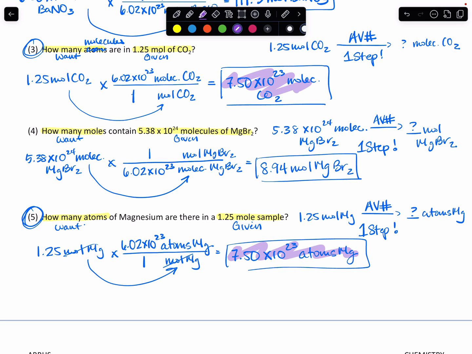For number 5, we were still talking about 1.25 moles, but we were looking at an atom, so it's the same number of atoms of magnesium, 7.50 times 10 to the 23rd. All right, so when it comes to converting between particles and moles, it does not matter what the substance is. There's always 6.02 times 10 to the 23rd particles within a mole of anything. All right, so it makes things a little bit easier. You only need to remember that one number, 6.02 times 10 to the 23rd.